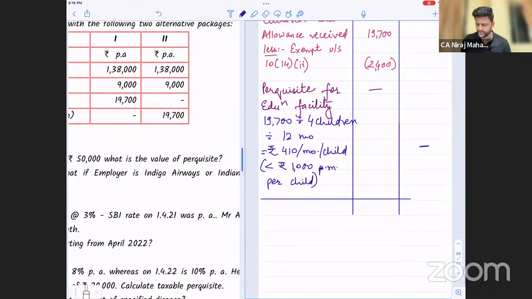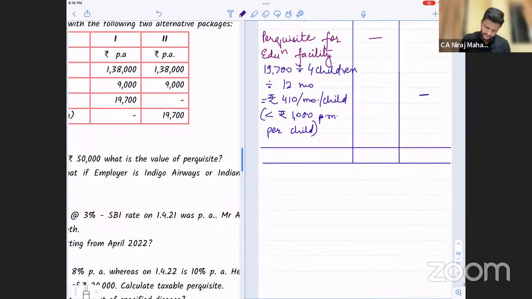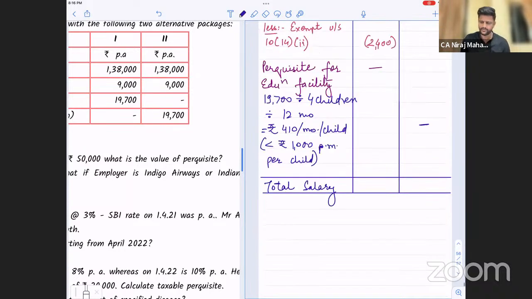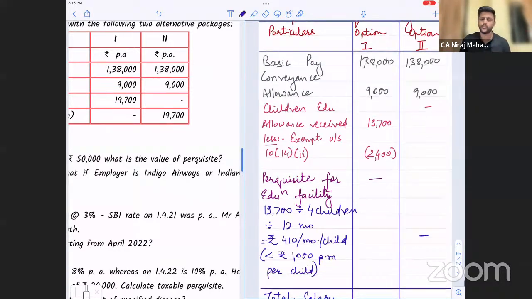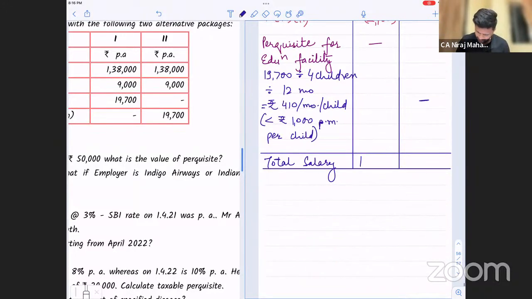I'm not reducing gross salary. Just take the normal total of this, total salary. First case, how much? 164,300, is it? Is it right, everybody?